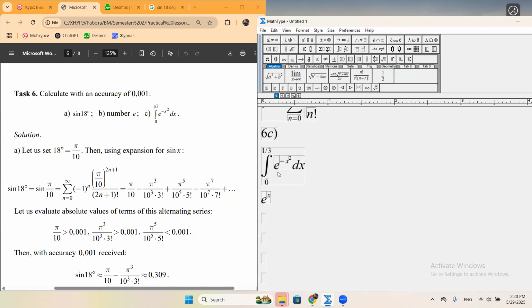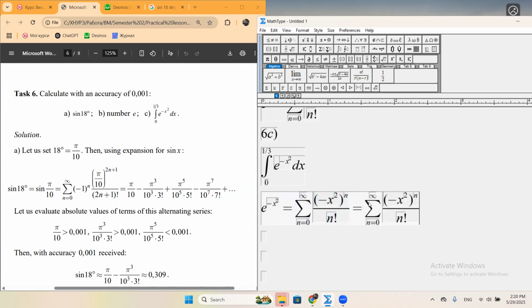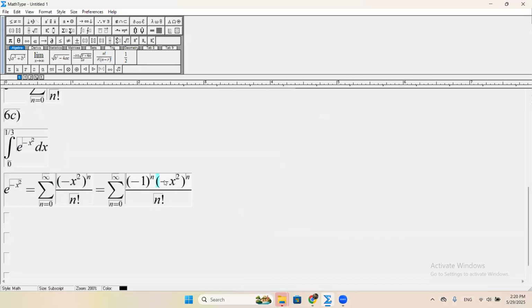Substituting minus x squared in this series. Minus x squared, then it will be equal to minus 1 to the power of n, multiplied by x to the power of 2n, over n factorial.